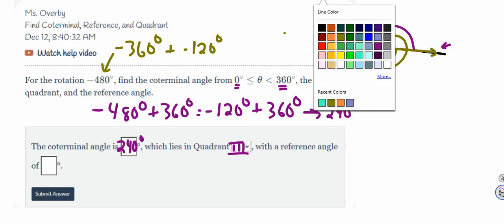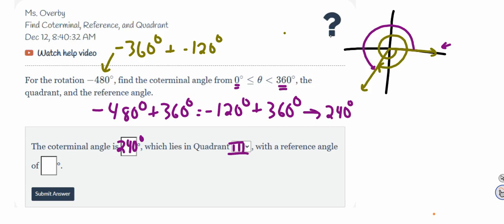All right, let's bring in a different color. This time we'll bring in the orange. So we're looking for our bow ties. The first thing we have to do is say, wait, how far away is this terminal side from the x-axis? All right, so we can look at it like this. We know that terminal side matches up with 240. This is probably an easier one to use because that tells me 240 is just like what we did. It's 180 plus 60.